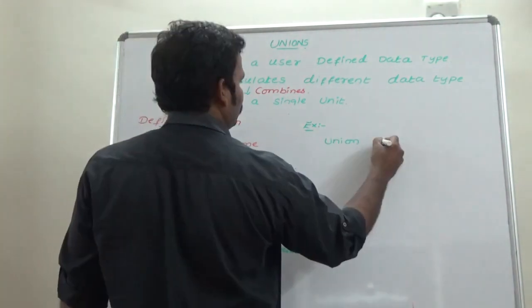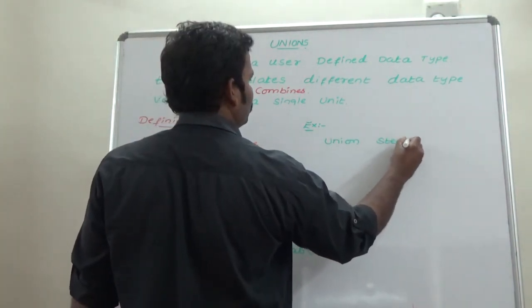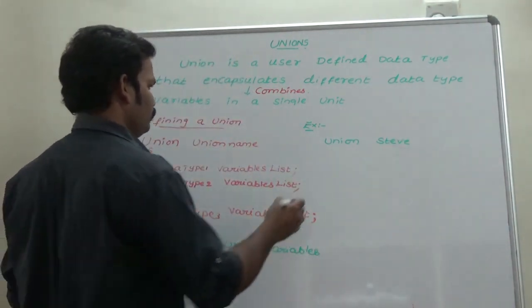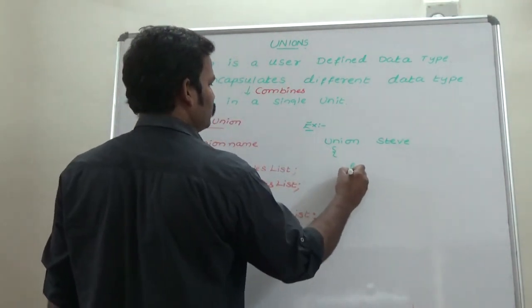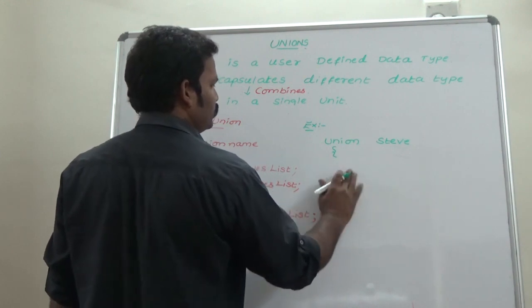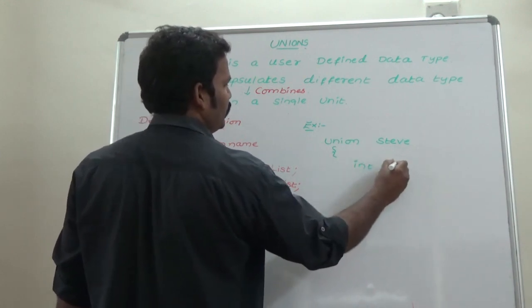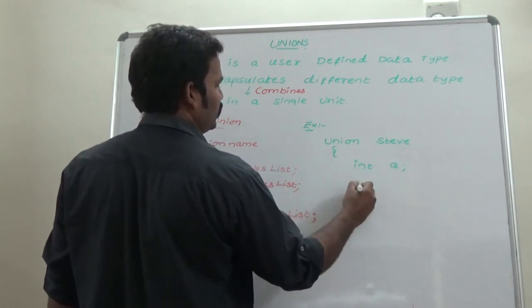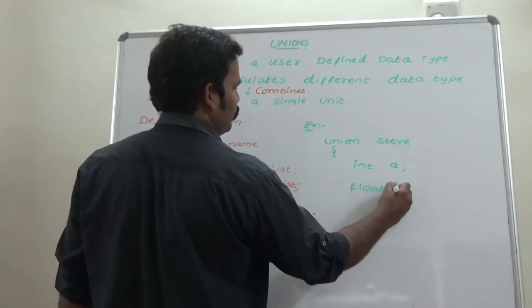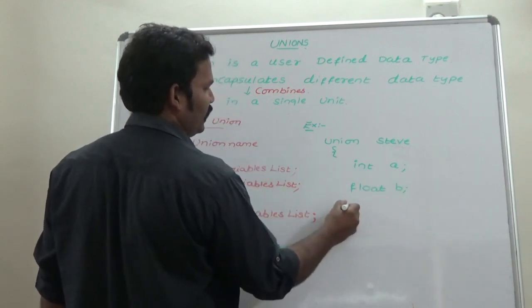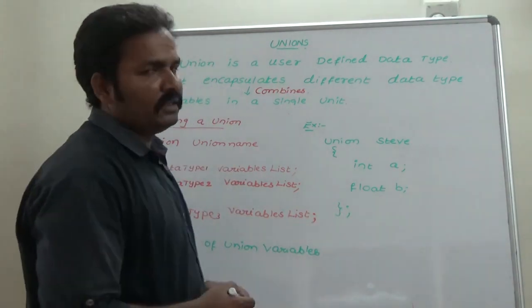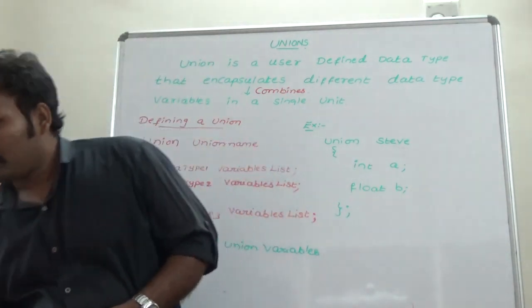Union name, any name you can take. Here I am taking steel, union name is steel. Opening brace, data type is int, variable name A, data type float, variable name B, ending with a semicolon.